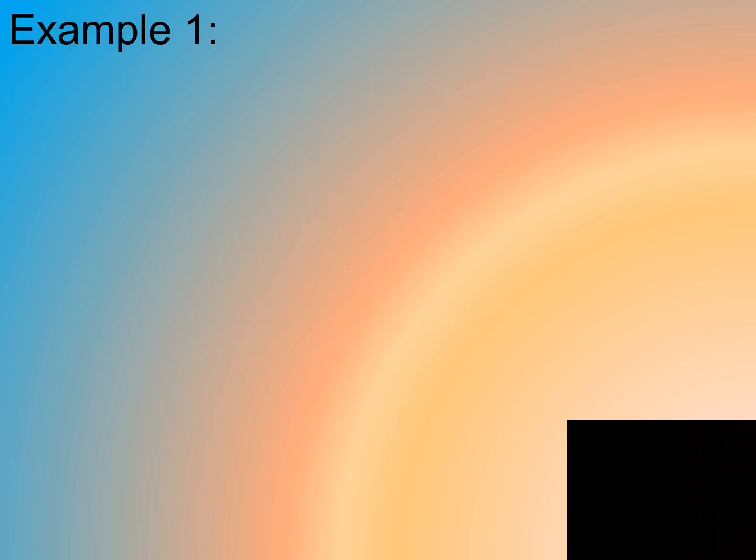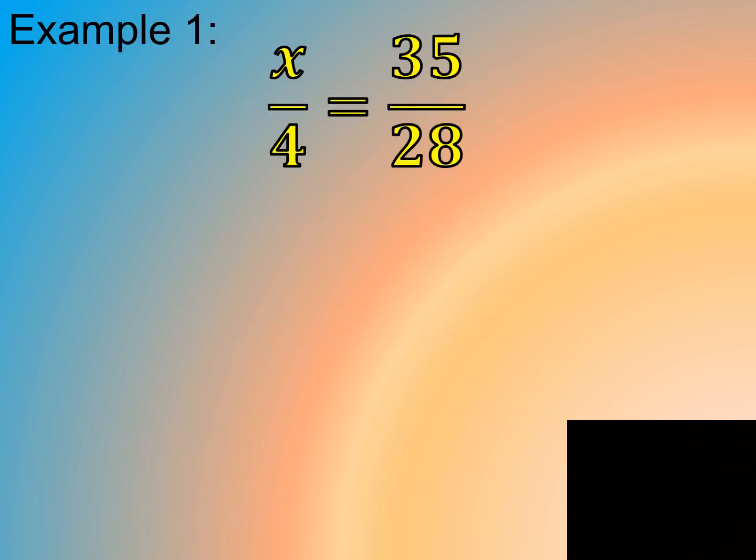So for the first example, x over 4 is equal to 35 over 28. What we are going to do with this example is to get the value of this variable x. So to solve equations involving proportions, we use cross multiplication.